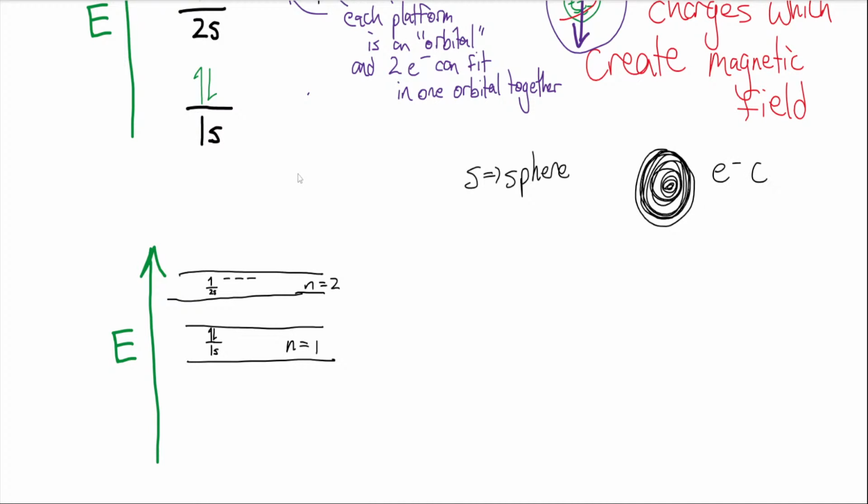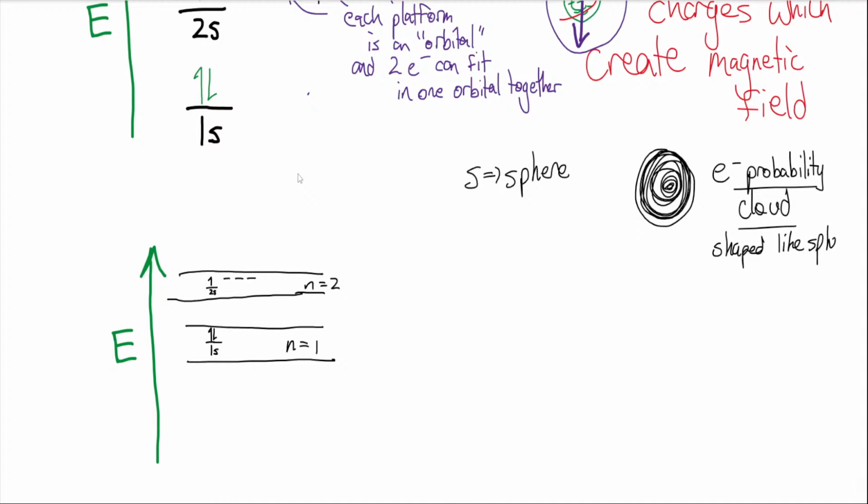I'm going to call it an electron probability cloud. Have you talked about these? Let's explain that, but let's just say that it's shaped like a sphere.